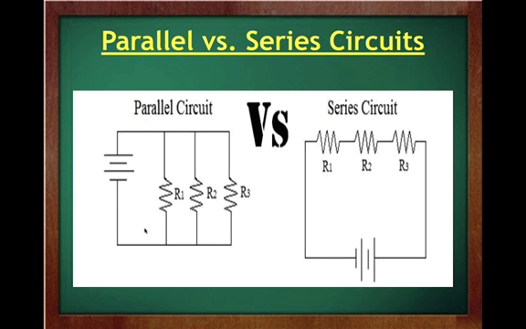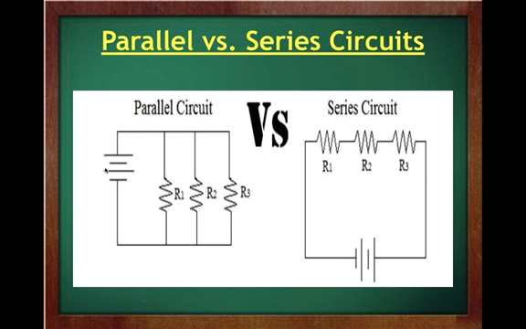This is different to resistors that are connected in parallel, where there are different paths for the current to travel. Here you'll notice that we have 3 different paths at which the current can go from the positive to the negative end of the terminals of the battery. We can go through resistor 1, or through resistor 2, or through resistor 3.